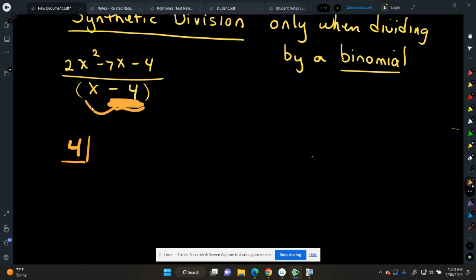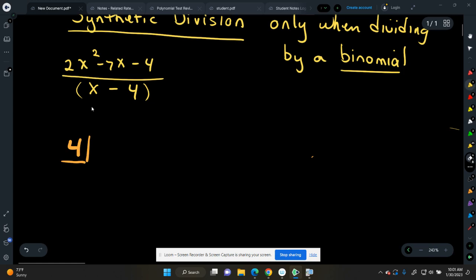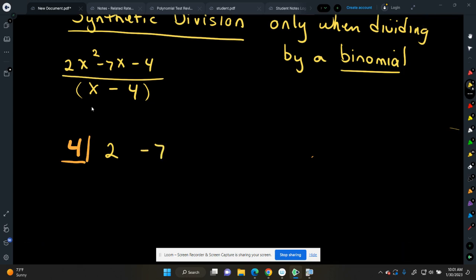Okay, we took the opposite of this. It was a minus 4, so we use a positive 4, okay? Now we're going to take the numbers in front here. So it's 2x squared, so we're going to write 2. Minus 7x, so we write minus 7. Minus 4. We just write the numbers, the coefficients.